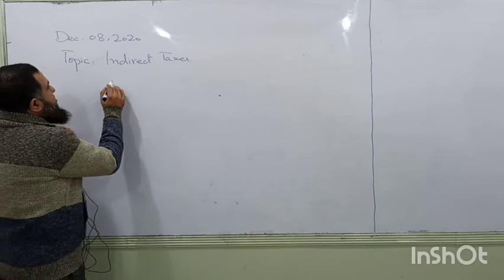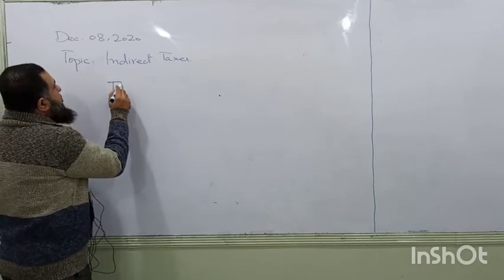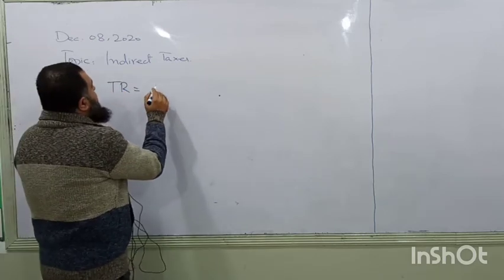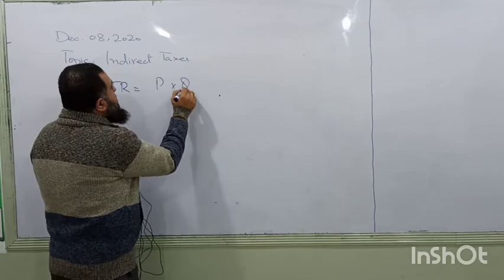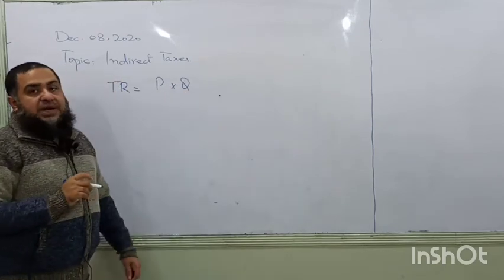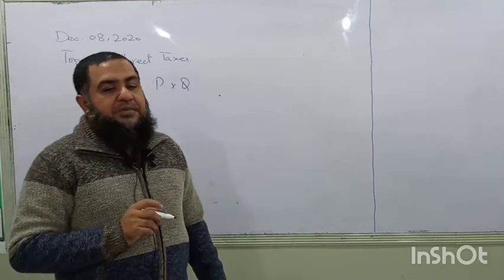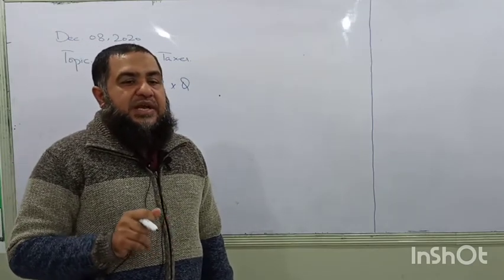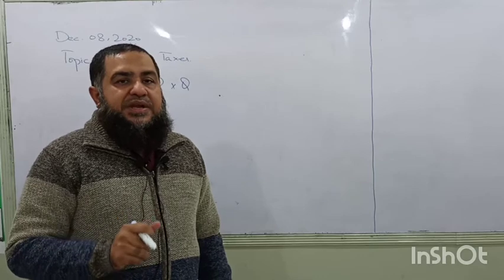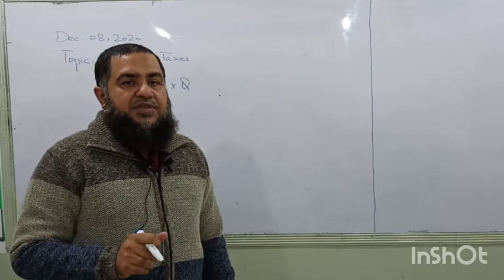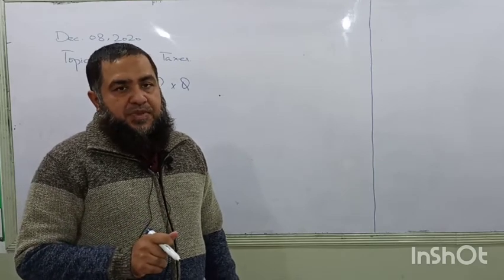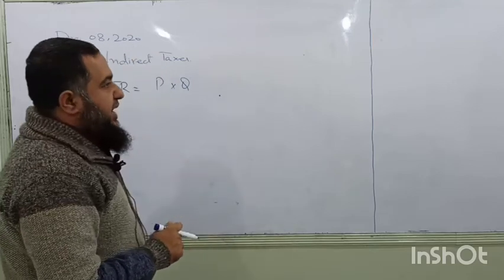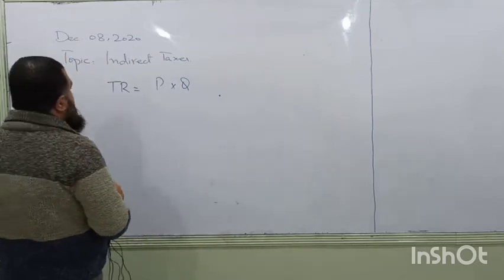We all know what is meant by total revenue. Total revenue means price times quantity sold by the seller. Keep it in mind, this is the revenue of the seller, and at the same time it is the expenditure of the consumers. So the consumer is spending his income to buy goods and services.